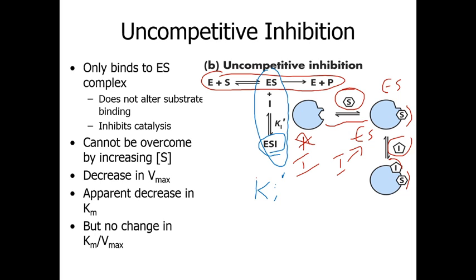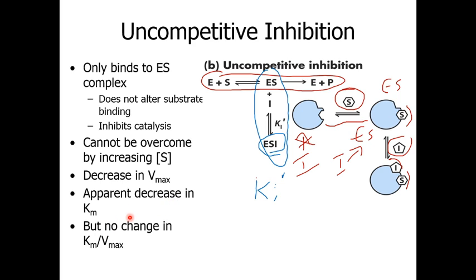Now, let's look at some characteristics here. The inhibitor only binds to the ES complex and does not alter substrate binding, which is important. It inhibits catalysis and cannot be overcome by increasing substrate concentration, whereas with a competitive inhibitor, if you increase the substrate concentration, you can overcome the effects of the inhibitor. It decreases Vmax.